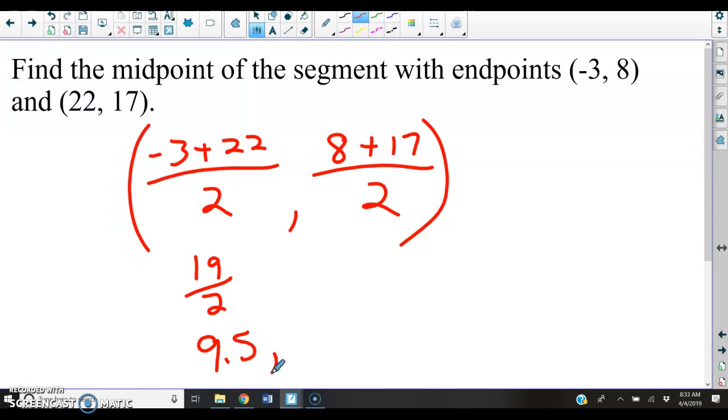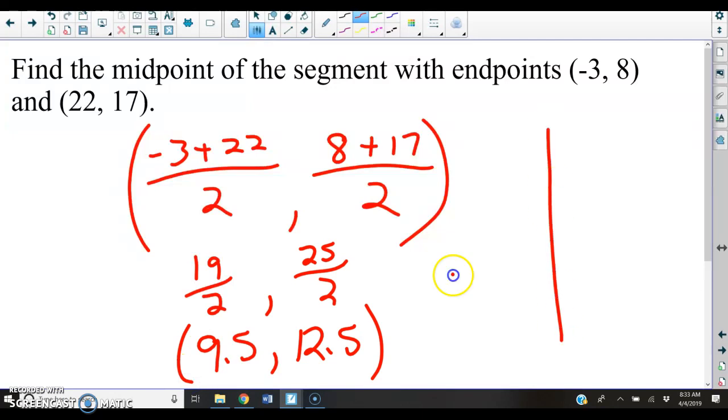Okay, so if we were to put this on a coordinate plane, it might actually make more sense. So if we have negative 3.8 and 22.17, halfway in between, does it make sense that it's 9.5, 12.5? So even a quick visual like that might make all the difference of knowing if you're right or not right.